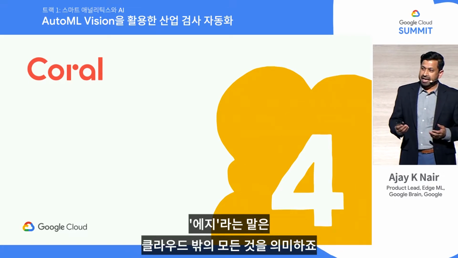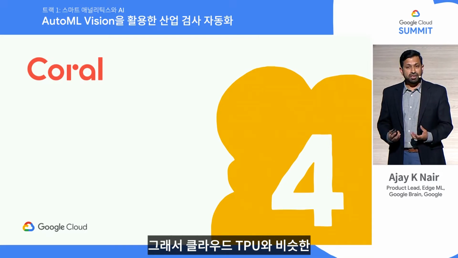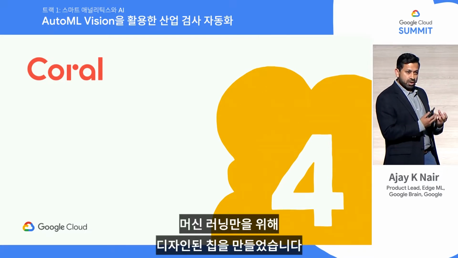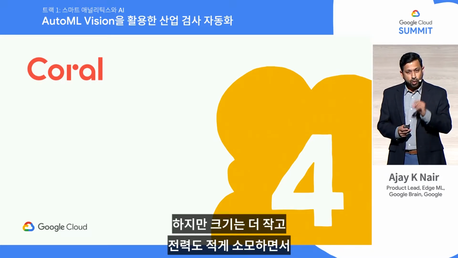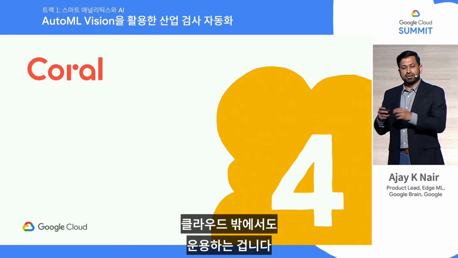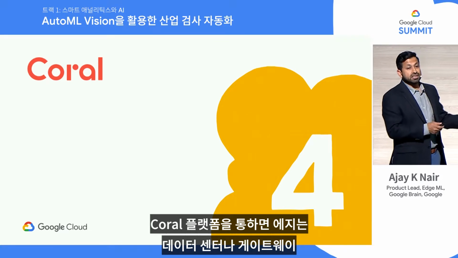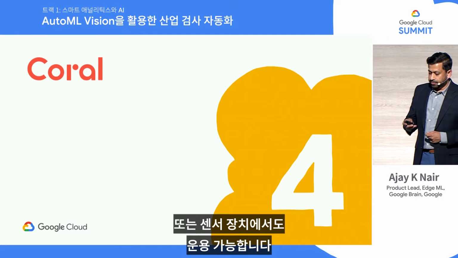And what they mean by the edge is anything outside of the cloud. So we, similar to the cloud TPUs, designed a chip bottom up just for machine learning, but a smaller form factor, lower power devices that are designed to live outside of the cloud. And by the edge, it could be on-prem data centers, gateways, or sensor-level devices. And those are being brought out through the Coral platform.